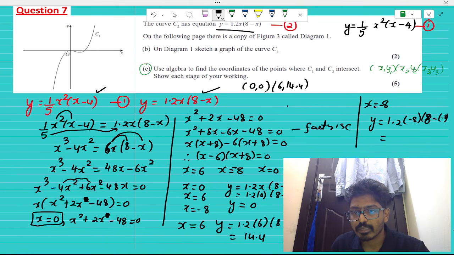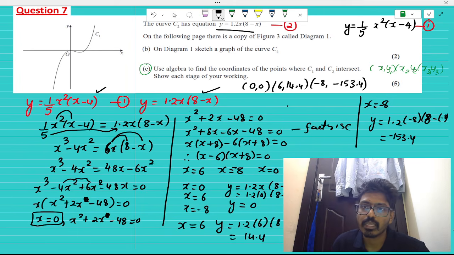Upon calculation, we get negative 153.4. So our third coordinate, when x is negative 8, our y value will be negative 153.4. So this will be our answer for part C.